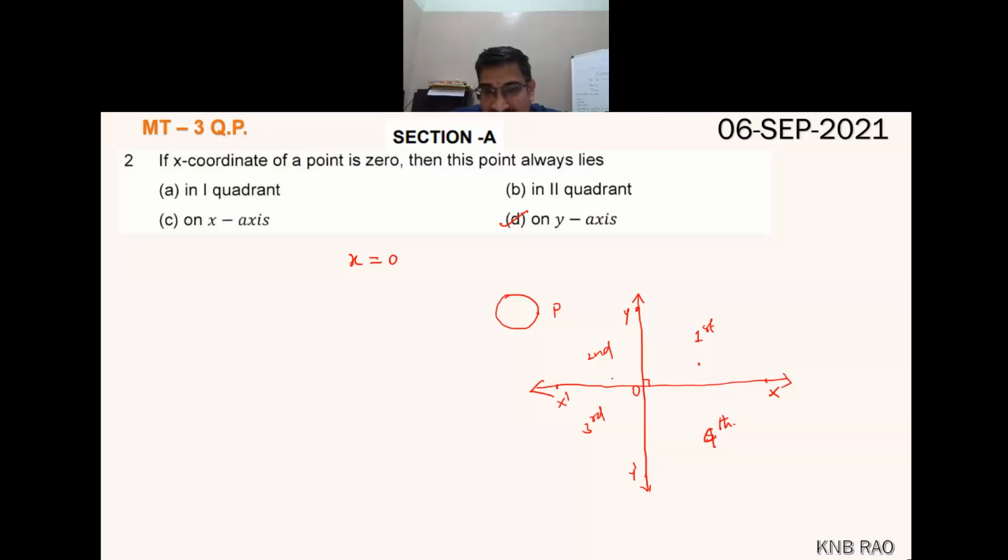So along with these 4 quadrants, I have got 4 parts of the axes. But OY and OY dash together is the y-axis. So any point lying on this YY dash, that is the y-axis, will have its abscissa being 0. That is, x coordinate is 0. Okay, is it clear? Okay, sir. Moving on to question number 3.